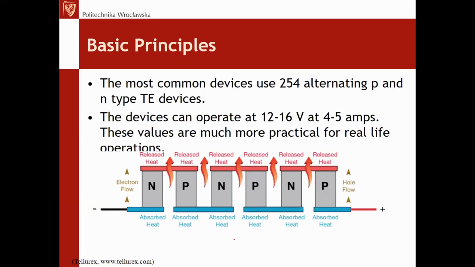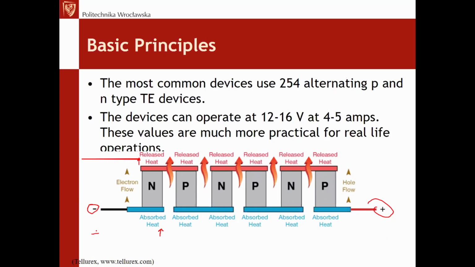And then if we construct such a device, a combination of alternating thermoelectric devices, those doped semiconductors N and P, connected in such an alternating way, then it turns out that by changing the polarization of plus and minus, we can have a configuration where the heat is absorbed here and released here with this polarization.